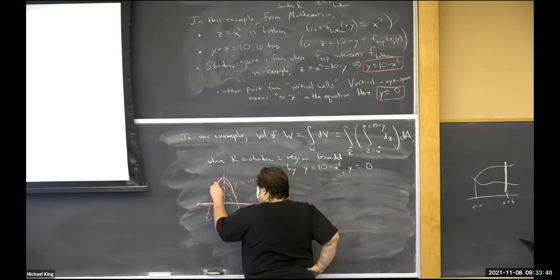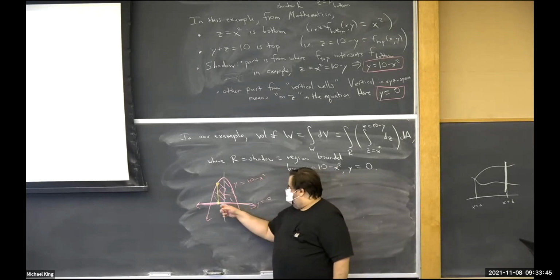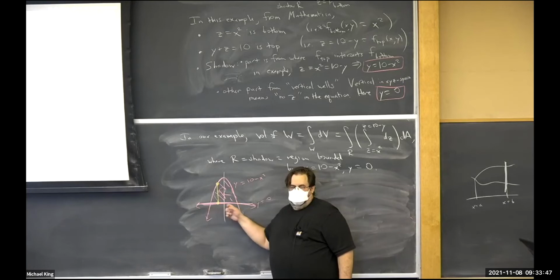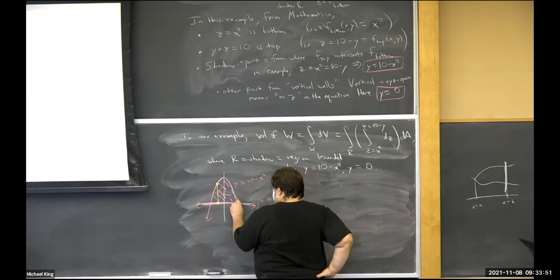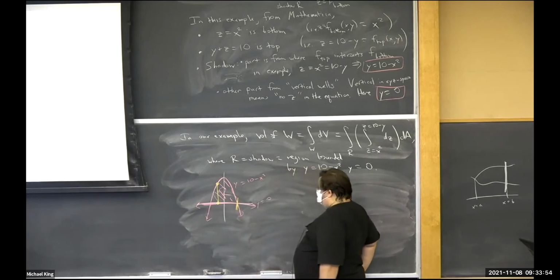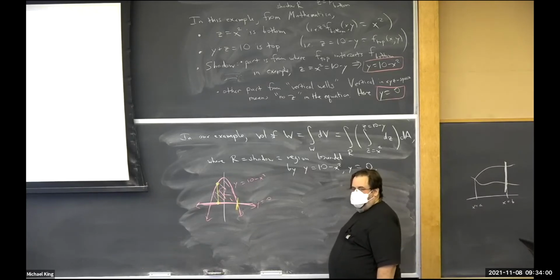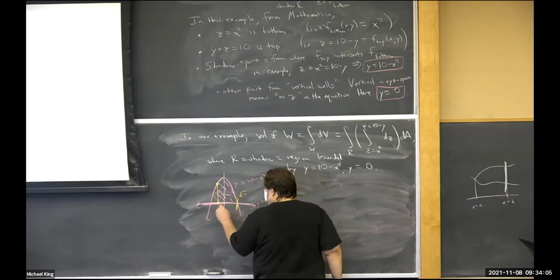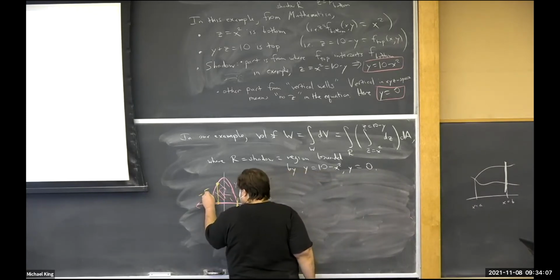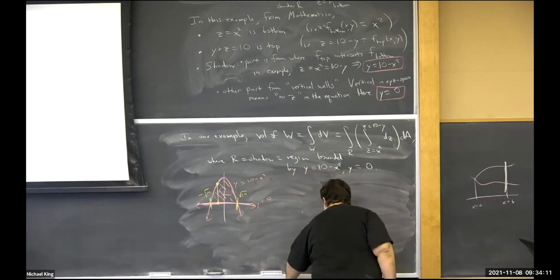If we want to do this with vertical slices, we do need to find these two intersection points, right? What's the x value there? Not the nicest x value in the world. Square root of 10, right? You just set this equal to 0. So that's the square root of 10, and that's negative the square root of 10. The bottom is y equals 0. The top is y equals 10 minus x squared.